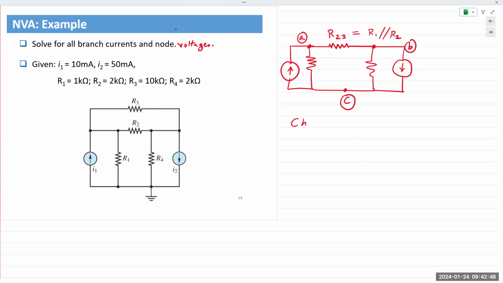So choose C as reference, and therefore VC is equal to 0 volts.